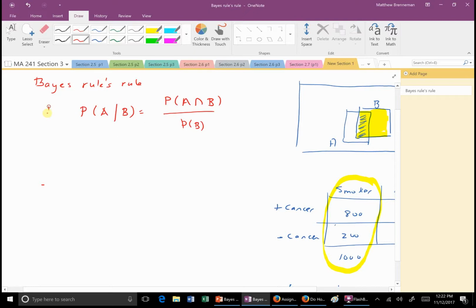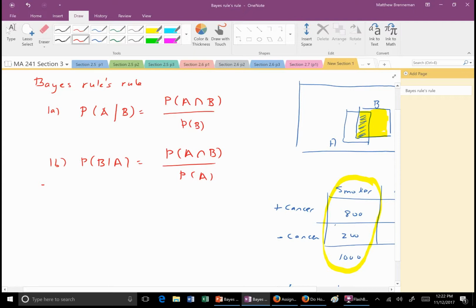I'm going to make the probability of A given B equation 1A, and I'll also make the probability of B given A. Of course, this will be exactly the same in the numerator. The intersection doesn't care which way you take the intersection, but I'm going to divide by the probability of A.